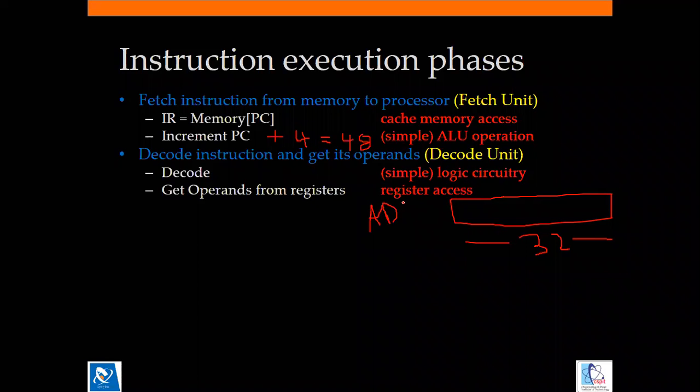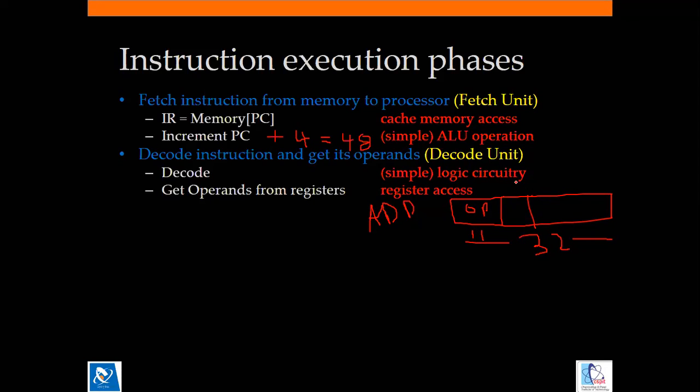In the add instruction, the first 11 bits are the opcode, which specifies the type of operation. The next 5 bits are used for one of the sources, source 1.